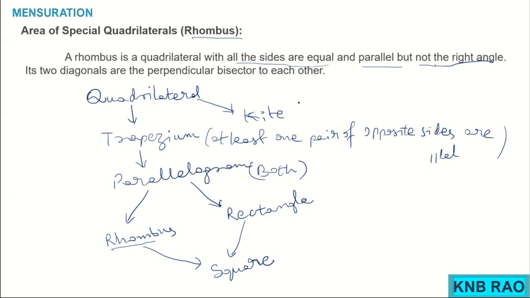So, if you remember all this gist, it is easy for you to answer any sort of fill in the blanks, true or false, or MCQ type questions asked on these. Okay. I just revised for your betterment when it comes to the special quadrilaterals concept.